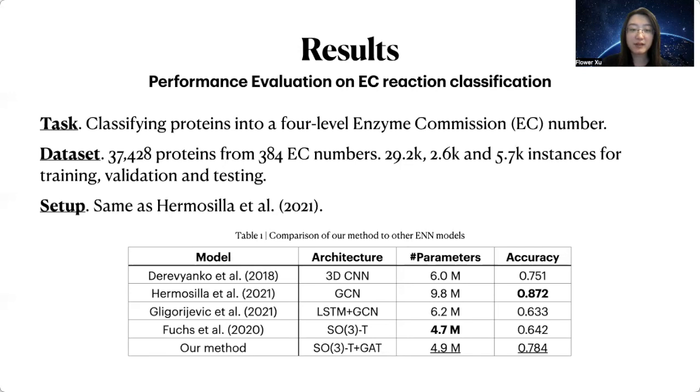Table 1 shows experimental results for our methods together with those of ENNs for 4 mainstream architectures on the task. In summary, the synergy of our proposed PGAP layer and SO3 transformer achieves competitive performance with existing ENN models.